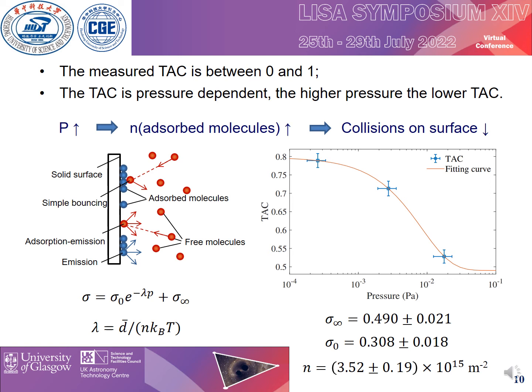Based on this hypothesis, we constructed an object function and fitted the measured TAC against the pressure. Here N is the area density of the adsorbed molecules on the solid surface. For our experiment, N is roughly 3.52 times 10 to 15.